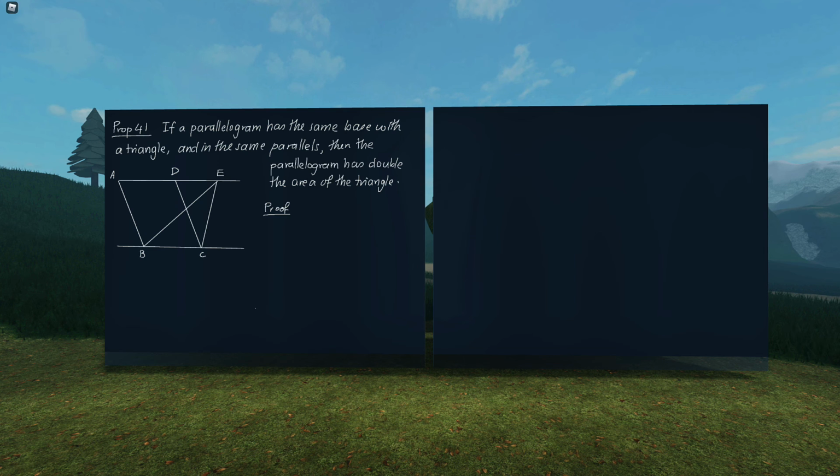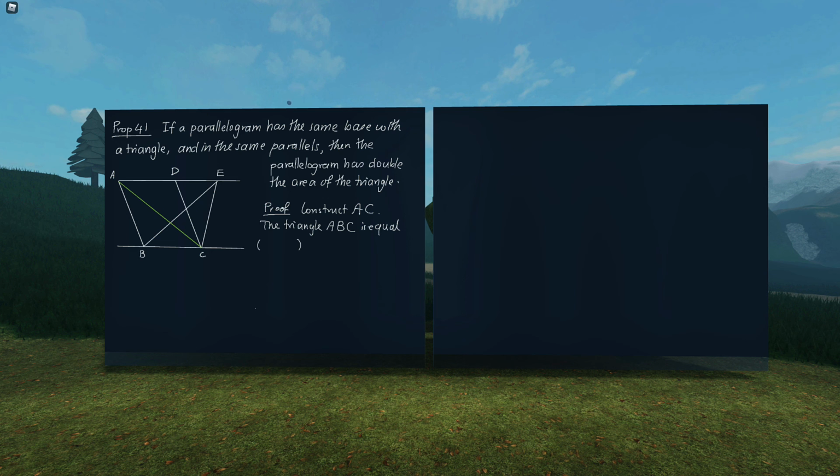The construction is as follows. Let AC be joined. So that's bisecting the parallelogram. Then the triangle ABC is equal, well, let's leave a blank here.